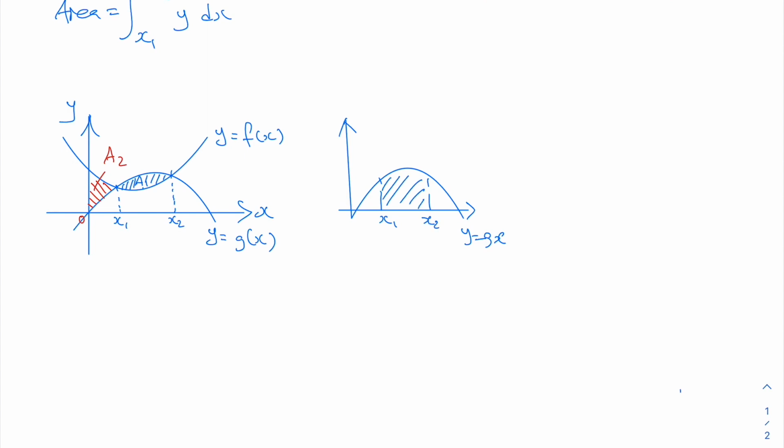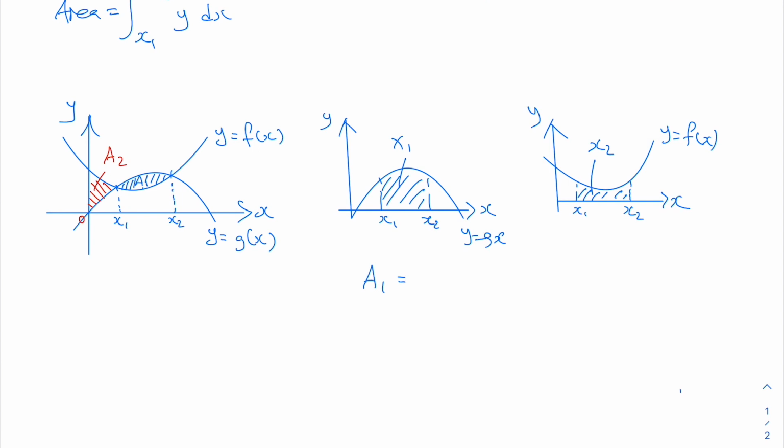This area I calculated would give me, say, X1. And then I calculate the second area with the same limits of x1 and x2, the area under the function y equals f(x), and I call this area X2. So area A1 is actually X1 subtract X2.